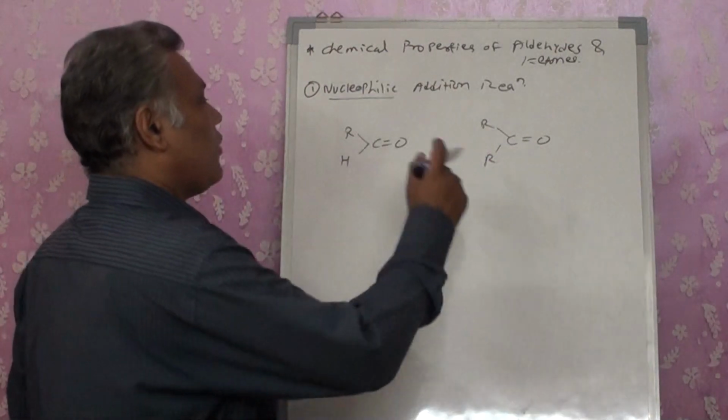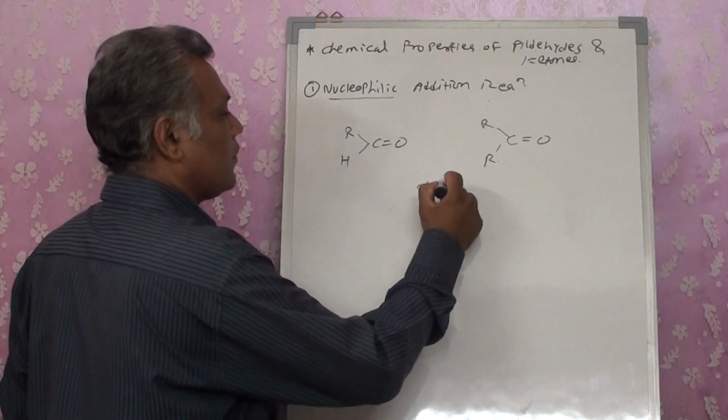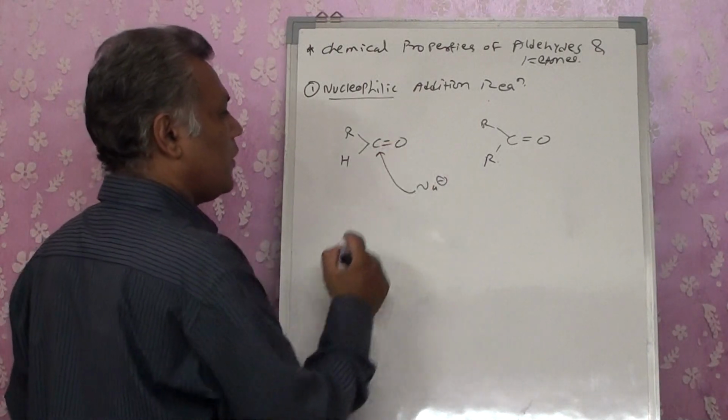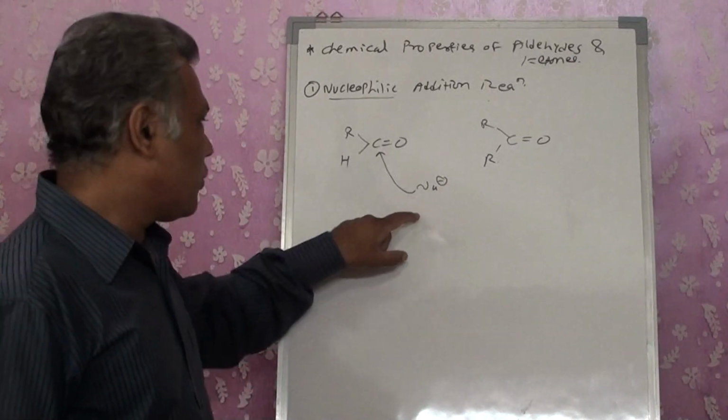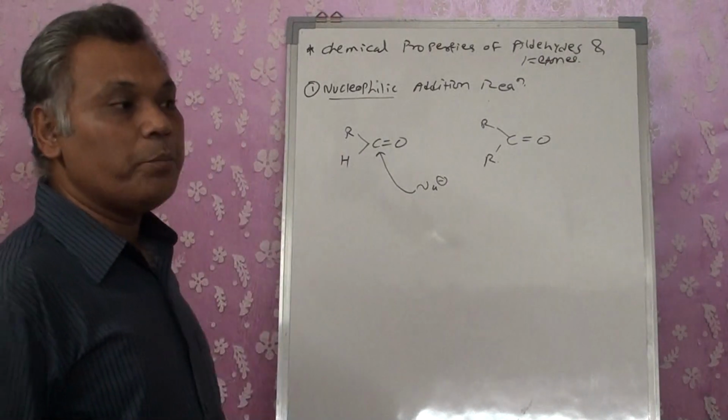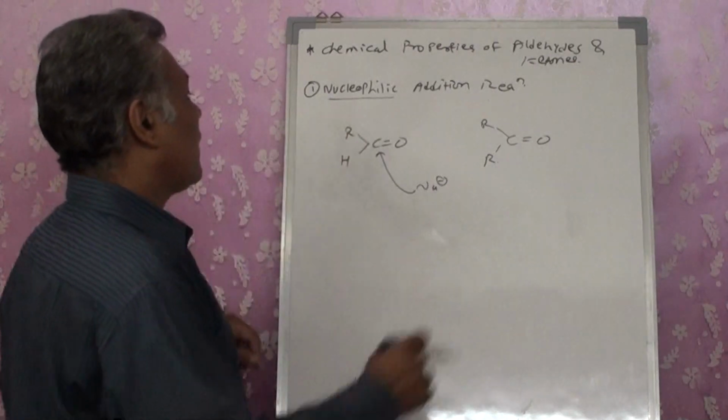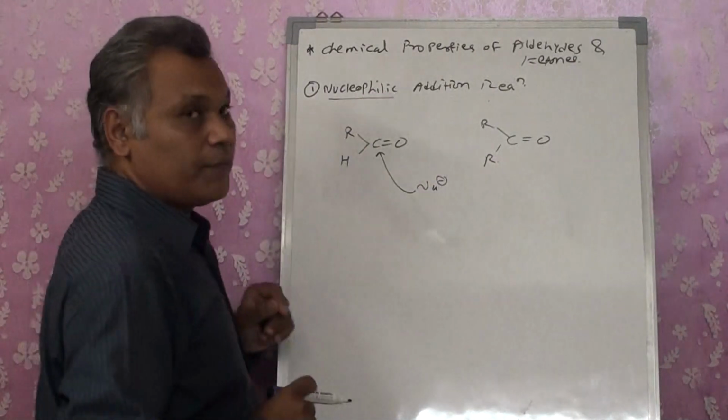When the nucleophile attacks the carbon, the smaller group lets the nucleophile go in much more easily.